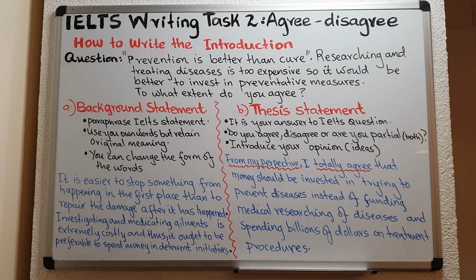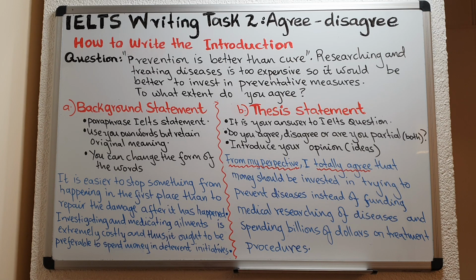After that, you need to paraphrase the rest of the statement, which is researching and treating diseases is too expensive, so it would be better to invest in preventative measures. Paraphrase that statement. Write that statement in your own words, but don't change the meaning. Once you have done that, then write your thesis statement.